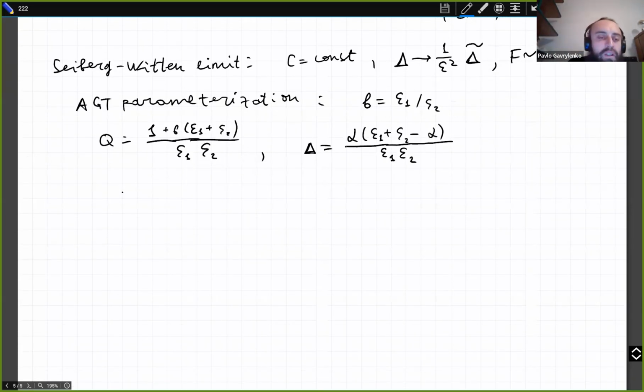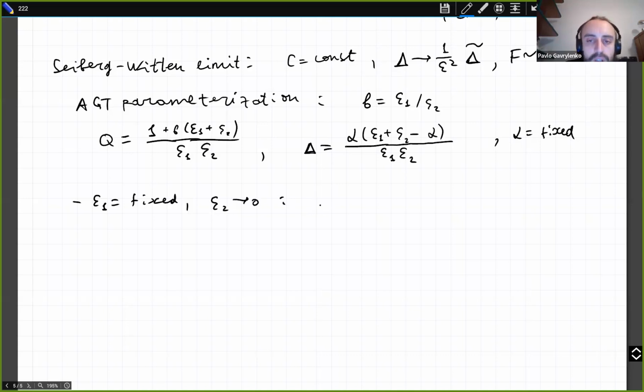So in this parameterization, we can say that alpha is always fixed, and we can take epsilon 1 fixed, epsilon 2 goes to 0.